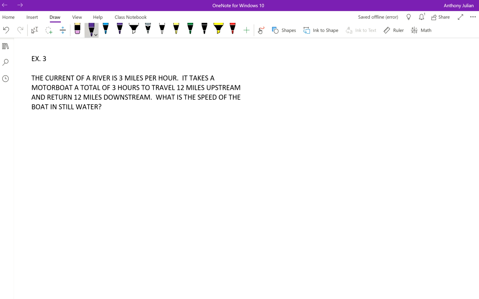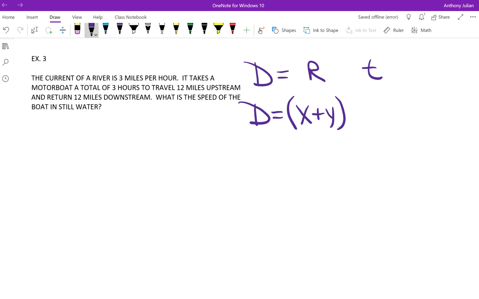So I could say that the distance equals the rate times the time. But the rate now isn't going to be r. I'm going to change the rate to be x plus y. That's my new rate, where the y is the speed of the current, and the x is the speed in still water.